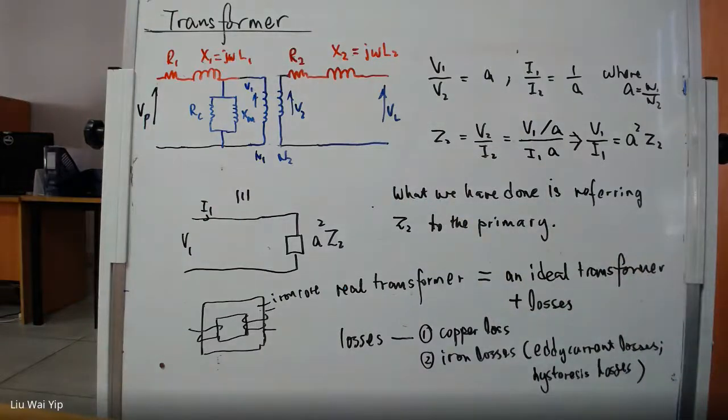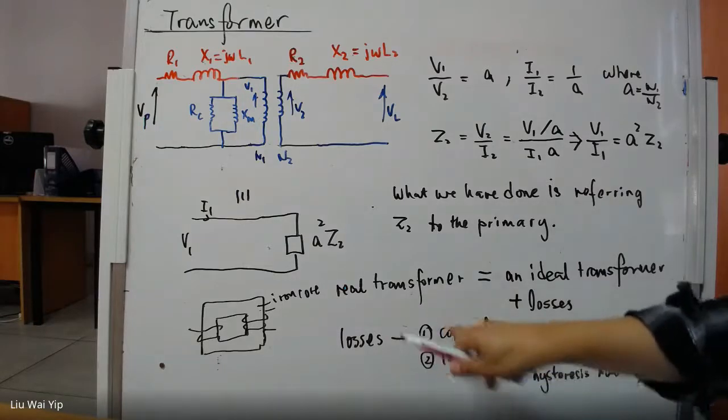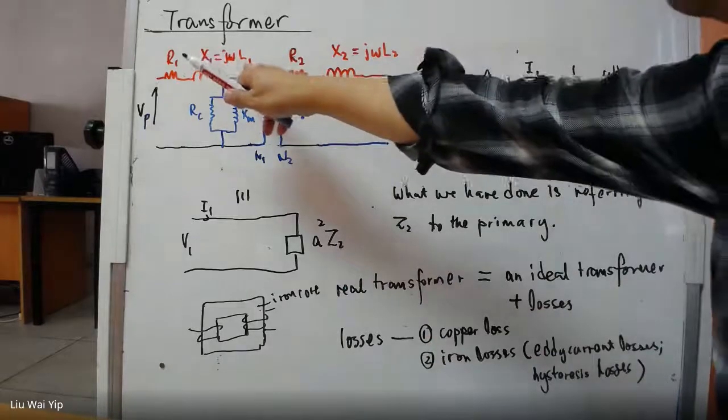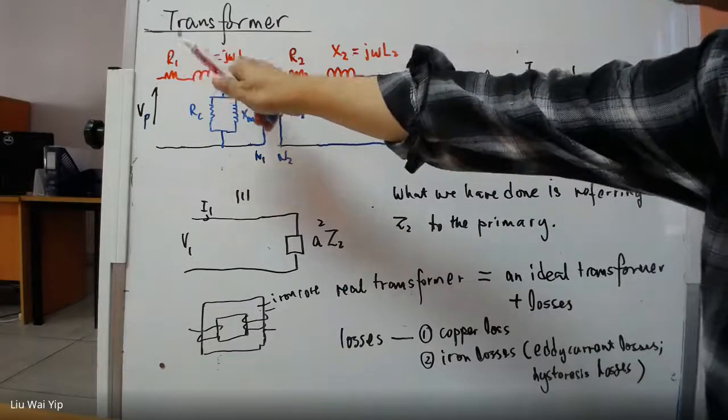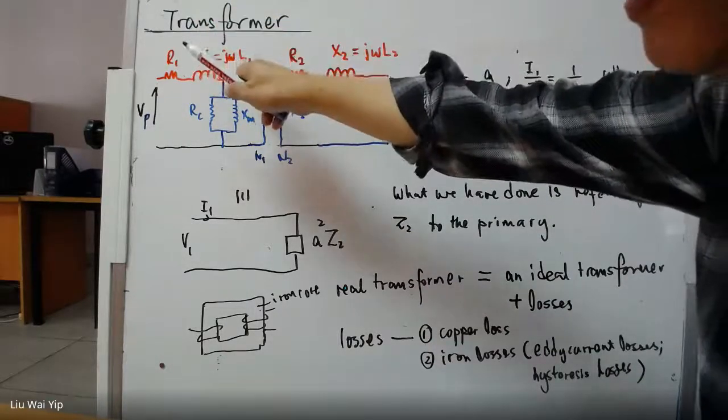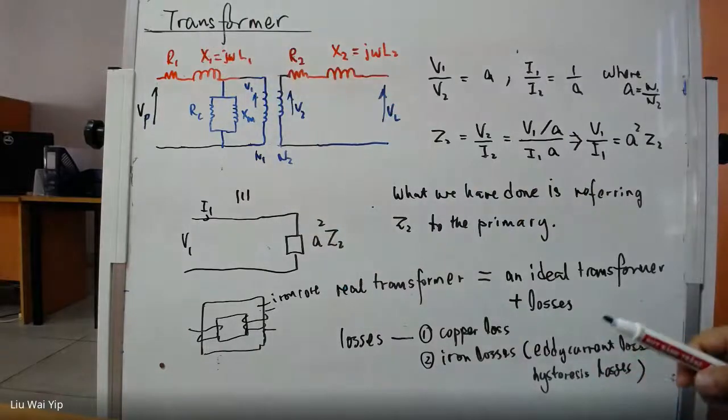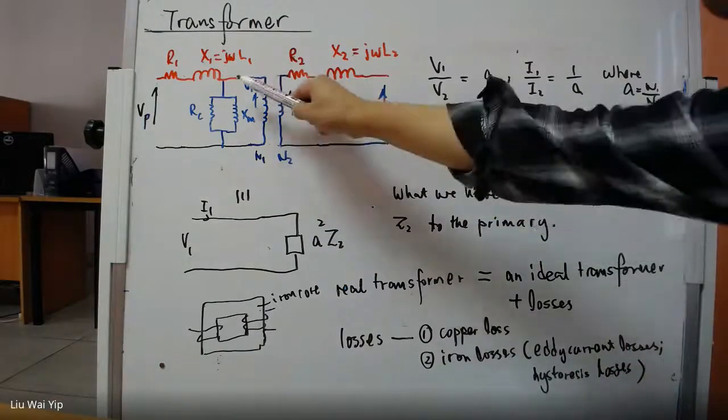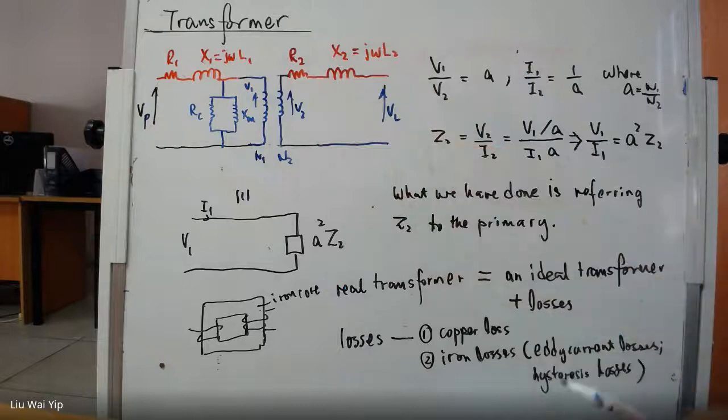So this is the full equivalent circuit for a practical transformer. The practical transformer has two kinds of losses. Copper loss is due to the copper resistance in the copper winding, and this loss happens to the primary and also the secondary.